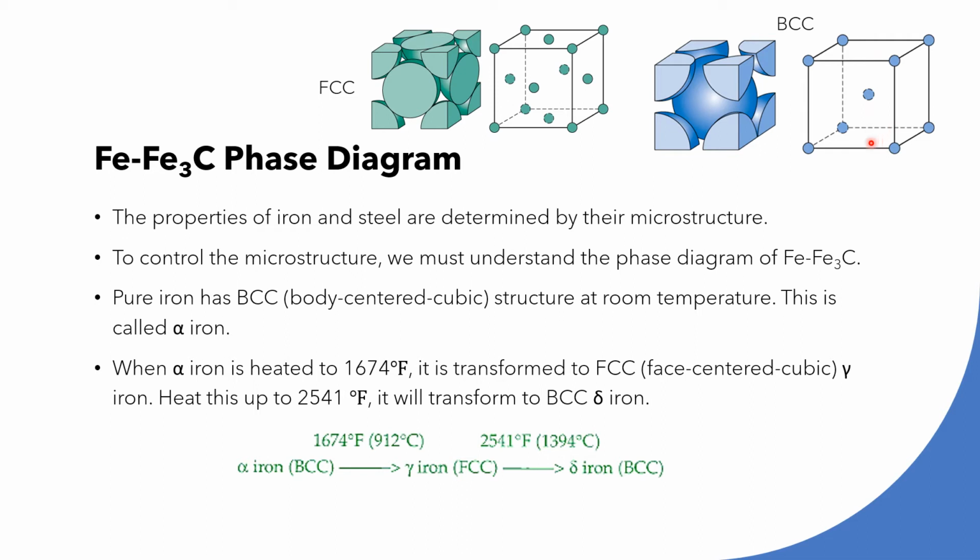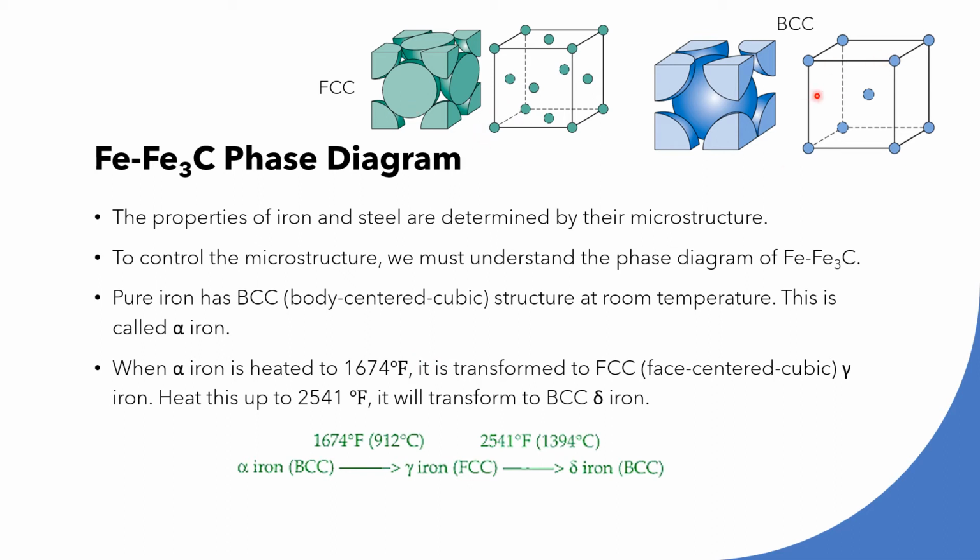And we call iron with this type of microstructure alpha iron. We're going to heat the alpha iron to 1674 degrees Fahrenheit. Okay, that's very high. So this thing is going to transform to that thing, which is another microstructure.